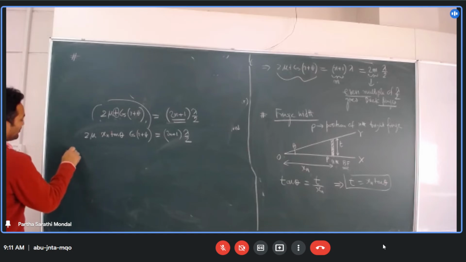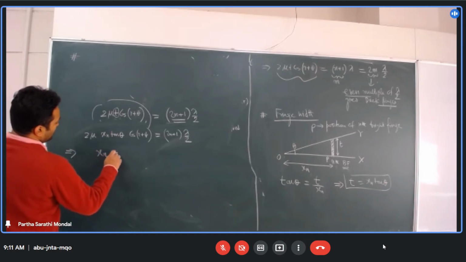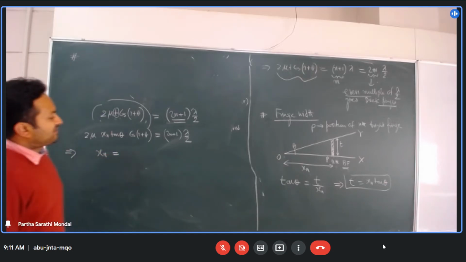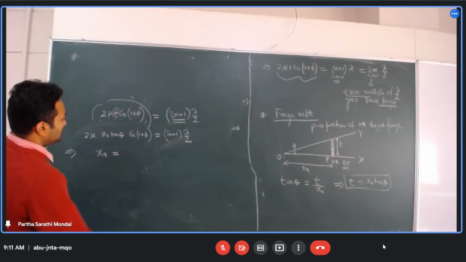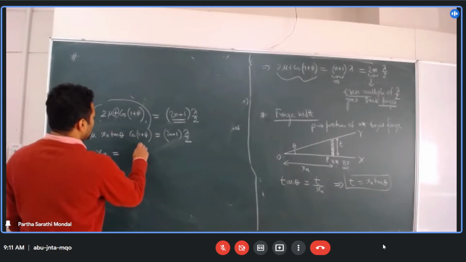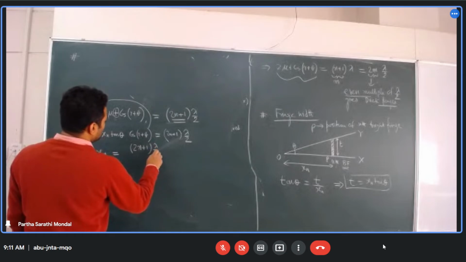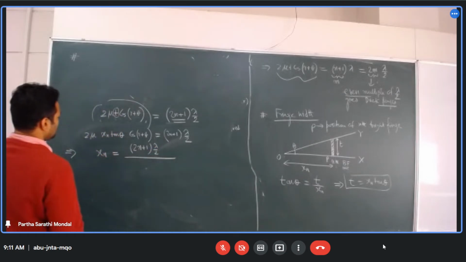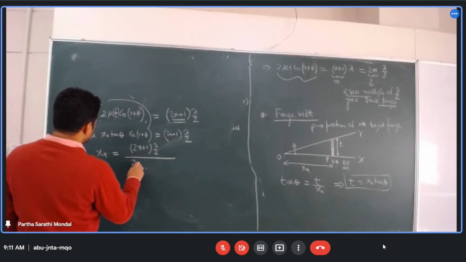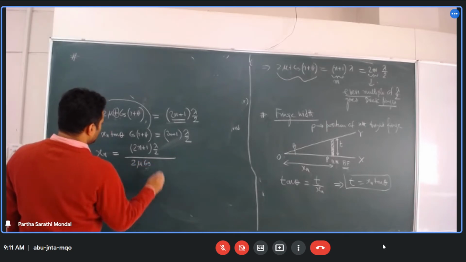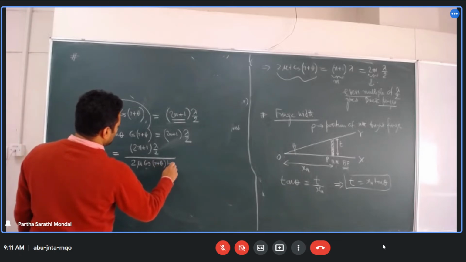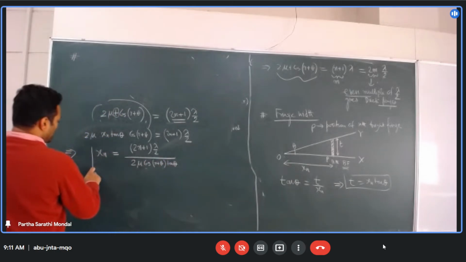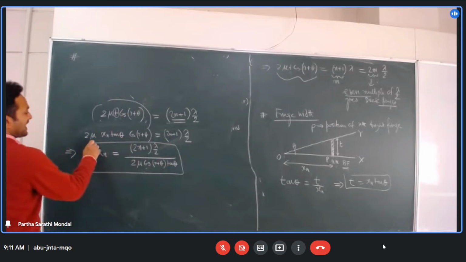Now we can calculate the distance of the nth bright fringe from the point O. So xn will become (2n plus 1) lambda by 2, divided by 2 mu cos(r plus theta) tan theta. So this is the position of the nth bright fringe.